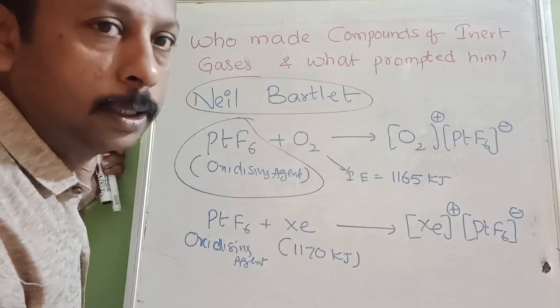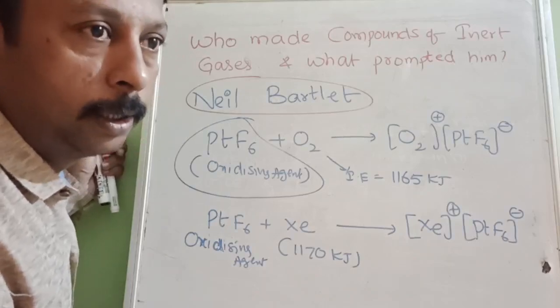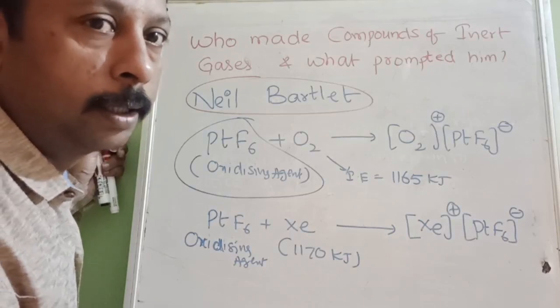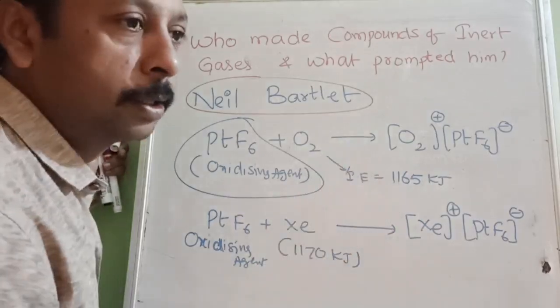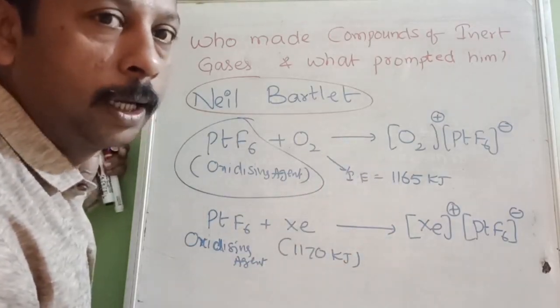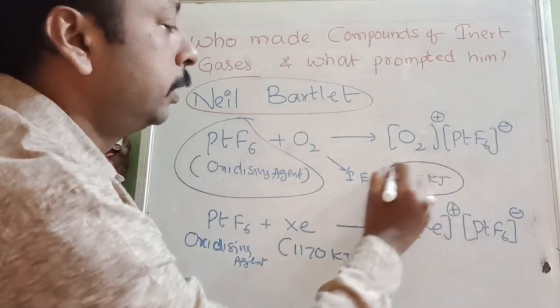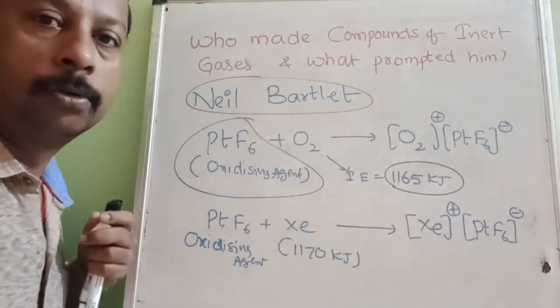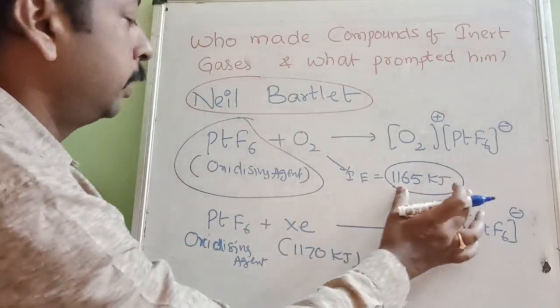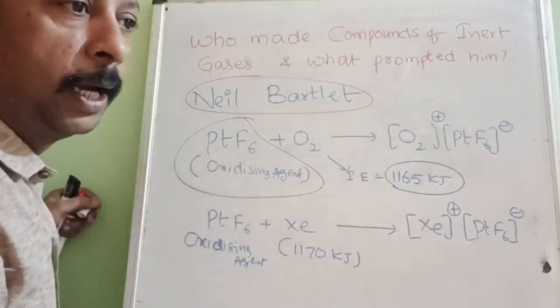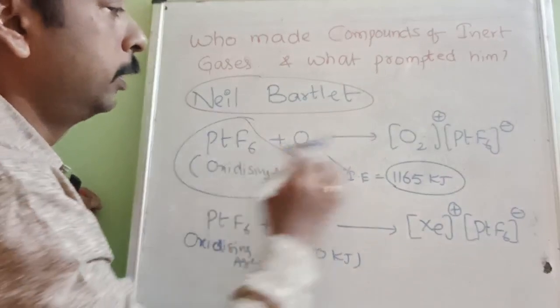First of all, oxygen itself is a highly electronegative atom, and it is in the molecular state, so it requires a large energy. How much energy is required? 1165 kilojoules. That much energy can be provided by PtF6, so O2 is oxidized.